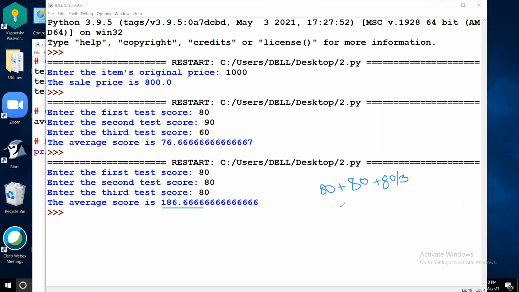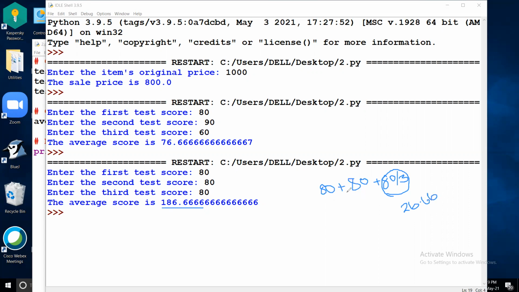Now, according to our operator precedence rules, this division operation has higher precedence, so this has to be evaluated first. So what is 80 by 3? It gives us something like 26.66.